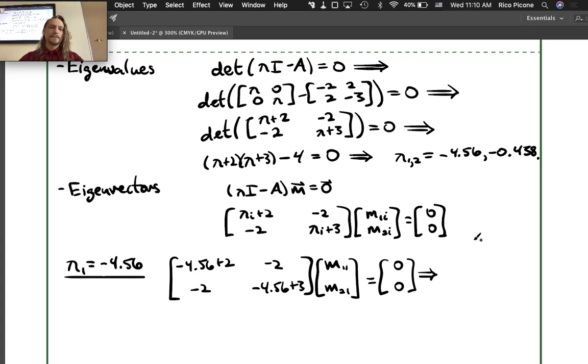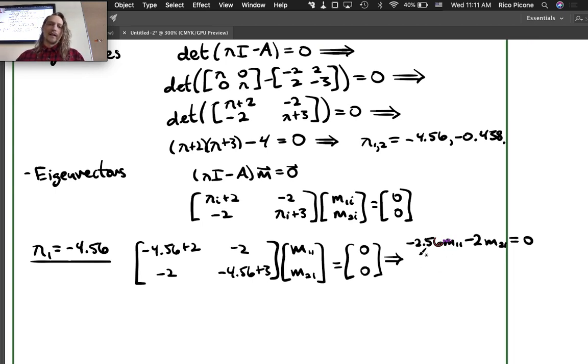For instance, you can take the first row, which says negative 2.56 m11 minus 2 m21 equals 0.